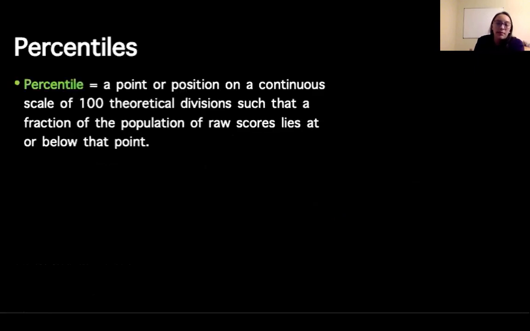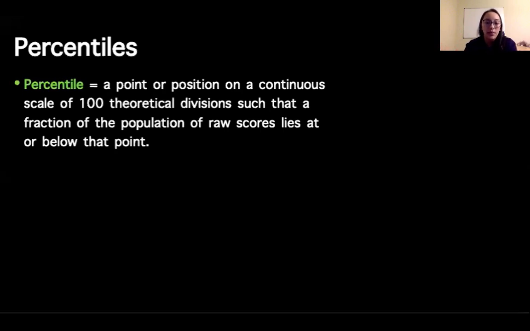So, percentiles, the definition the book gives is a point or position on a continuous scale of 100 theoretical divisions. Okay, so we have to say theoretical because not every single type of measurement is going to be on a scale from 0 to 100, right? So using percentiles is kind of a way of normalizing data such that we can make a bunch of different measurements equivalent on the same scale, right?